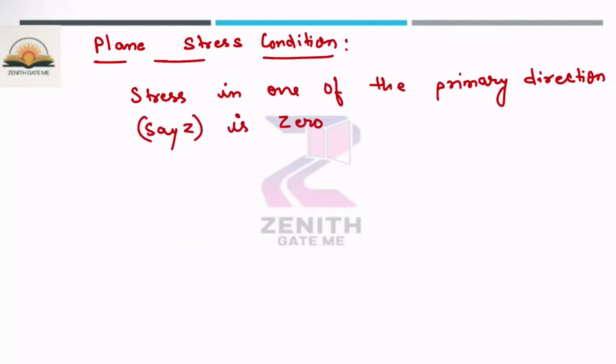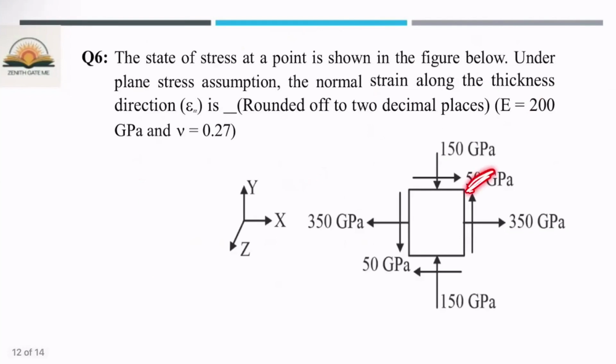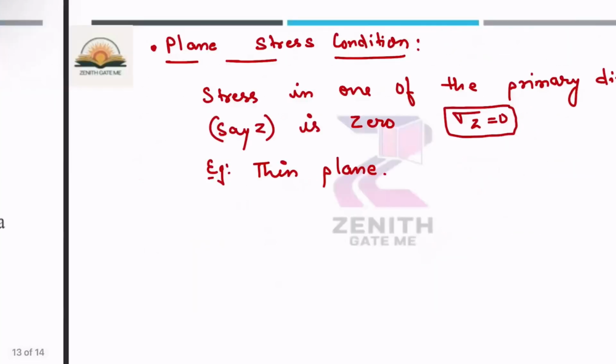That means the stress developed in the z direction is 0. This is called as a plane stress condition. Or what is the example? The example is you can assume as a thin plate. So the stress developed in the thickness direction, you can assume as a 0 because x and y direction is nothing but this one. So the stress developed in the z direction is 0 in this particular case.